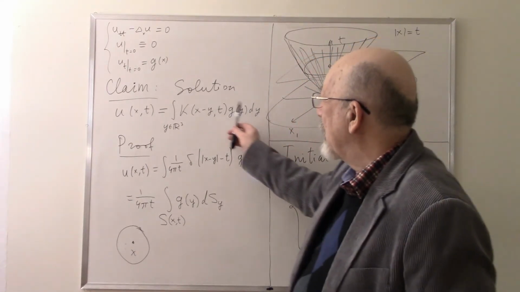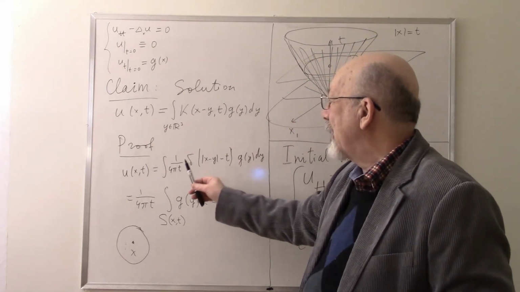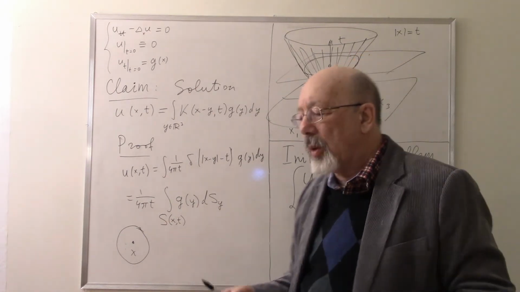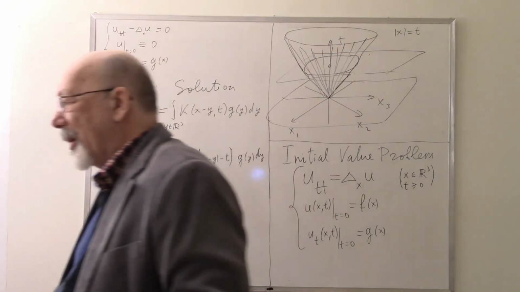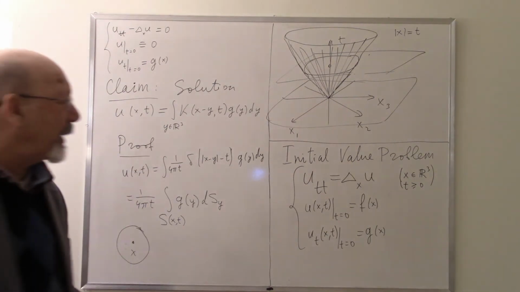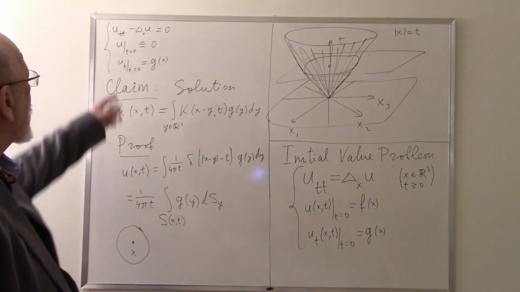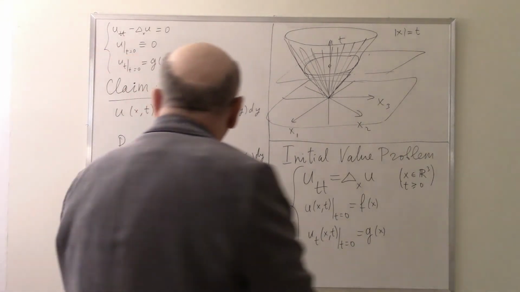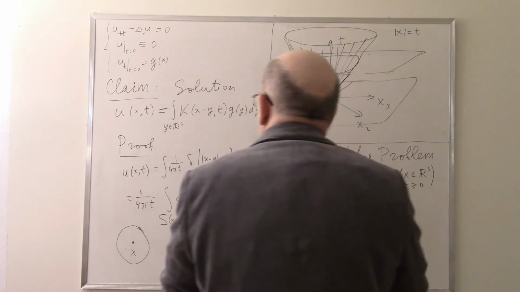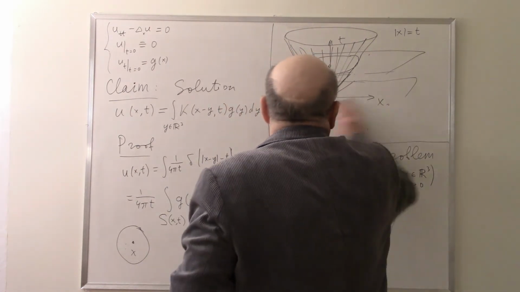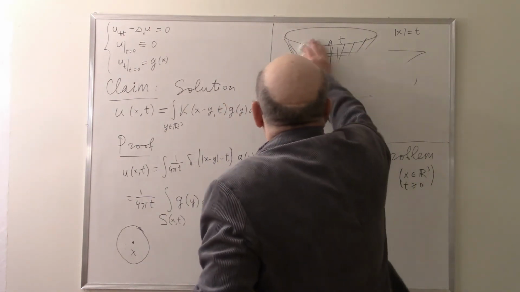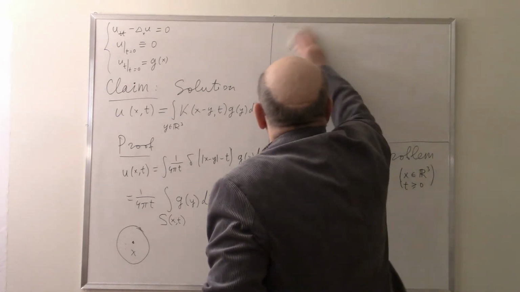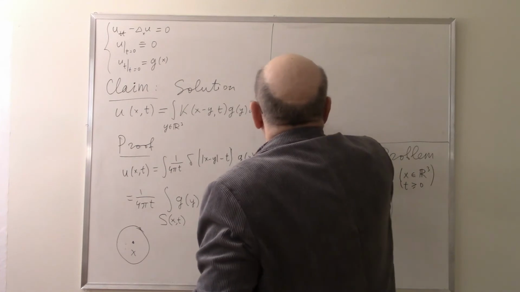So first of all, this is a solution, and then we want to study the properties of this solution, whether it satisfies these initial conditions. To this end, let us look at this integral.